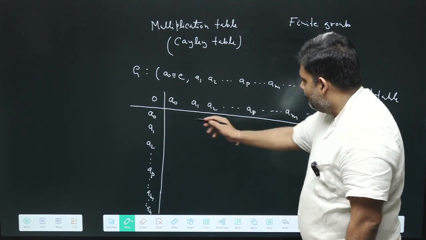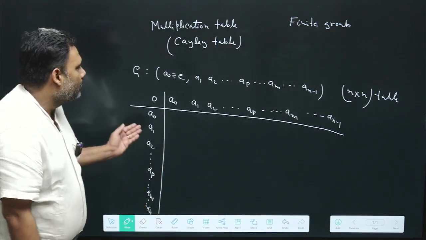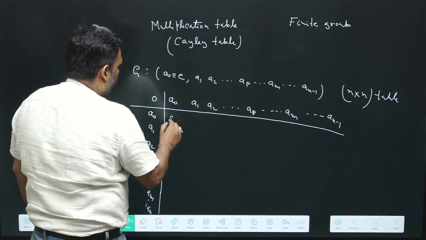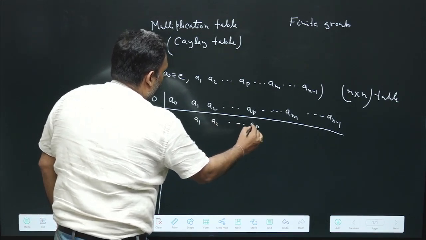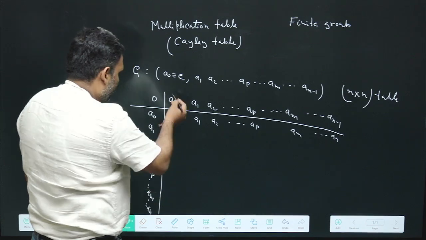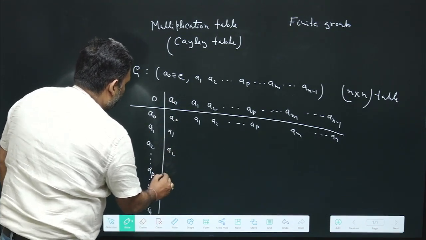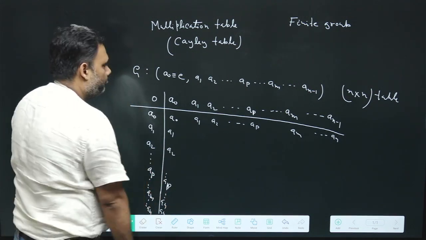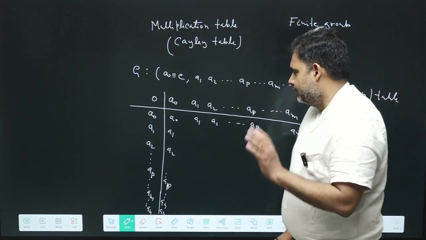The first row and the first column will tell you the operation with the identity. So a0 with a0 gives a0, then a1, a2, up to ap, up to am. Similarly the column will be exactly the same: a1, a2, up to ap, up to am. So the first row and first column are just the operation with the identity.